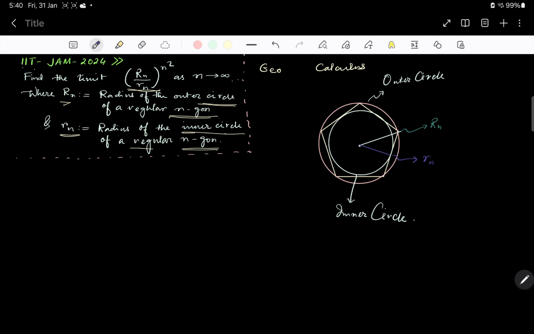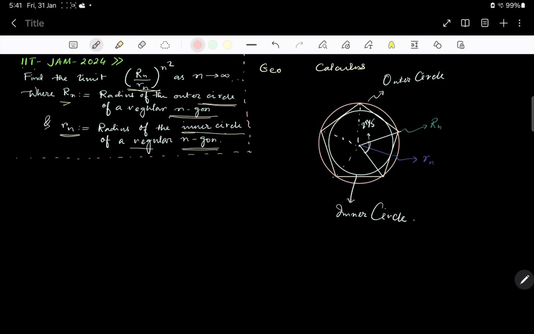Now observe that I'm just drawing another outer radius. Since this entire angle is 2 pi and it is divided into 5 equal sectors, this angle will be 2 pi by 5 in this case.